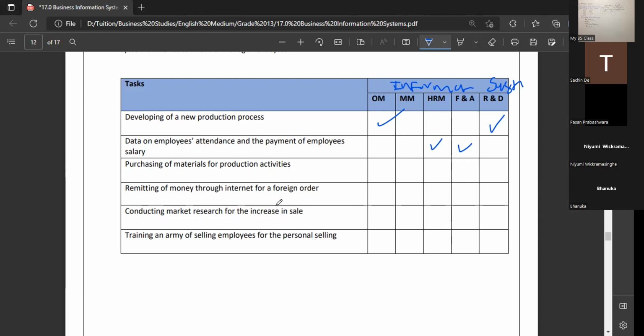And we got purchasing of materials, a production activity. That is relevant for operations management, yes, and also for the F&A as well. Why? To make the payments to the supplier.